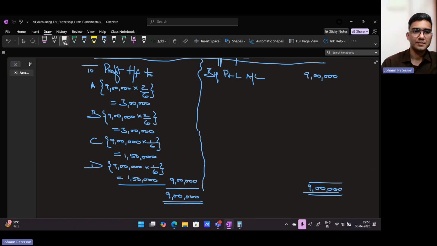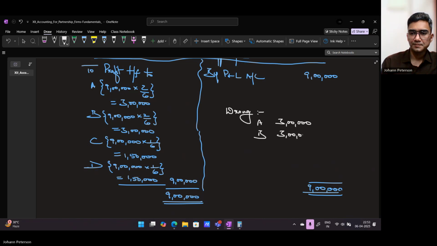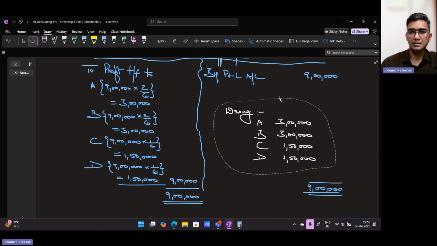So the wrong way, A got 3 lakh, B got 3 lakh, C got 150, and D also got 150. Let's take this, cut it and take it up, and let's compare.